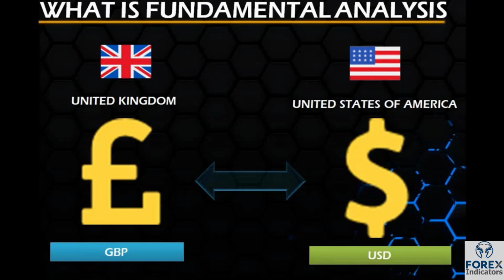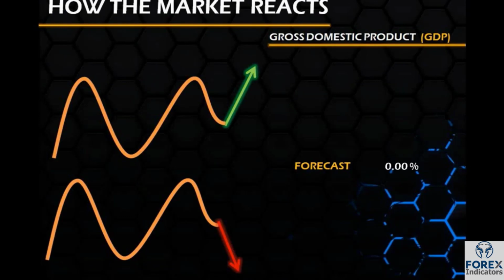So let's look into how to trade fundamental analysis. We will take the annual GDP data released by the US Bureau of Economic Analysis, for example, this time. So we're trading the United States dollar. We're doing fundamental analysis here, so we're taking into account the United States news report, which is the GDP data released by the US Bureau of Economic Analysis, which shows the monetary value of all goods and services produced within a country within a year.